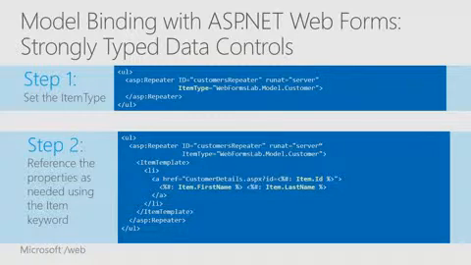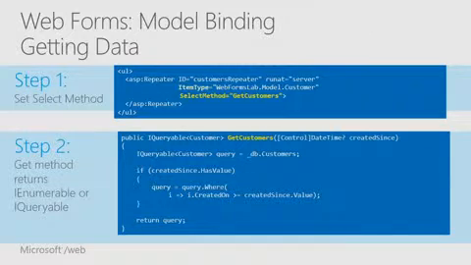I mean, you have a data binding expression, and you say Eval and then quote, first name. You misspell first, and the whole thing falls apart. You rename it, and you look at that page, and you have no way of knowing what's wrong. Right. So with this, for any data-aware control, you'll set an ItemType to something like Customer, and then in the page you can do Item.FirstName, LastName. You get IntelliSense, you get type checking, and you get that compilation error. You get the little red squiggly if it's not correct.